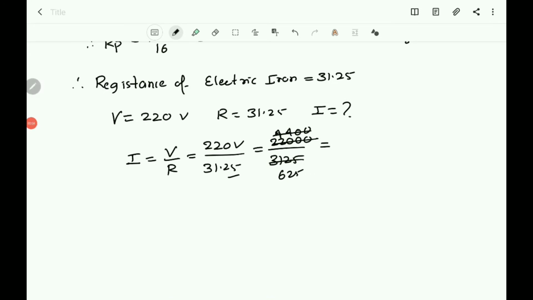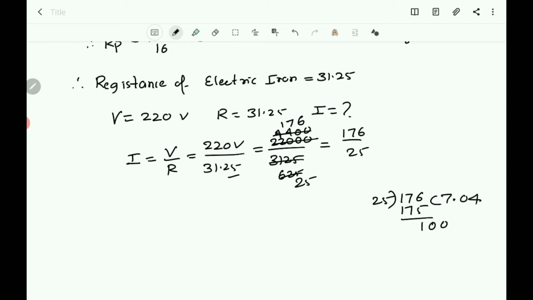Then you can divide it by 25. So you will get 176 by 25. If you divide 176 by 25, you will get 25 sevens are 175 and 1 is remaining. Put 0 point here. Again it is not divisible. Put 0. So it becomes 7.04.